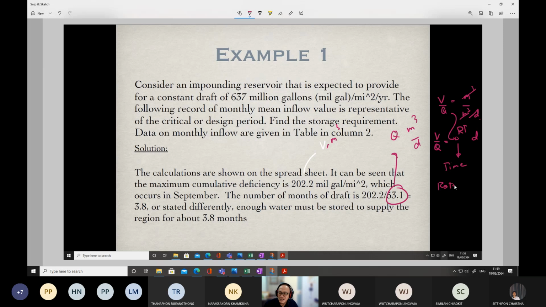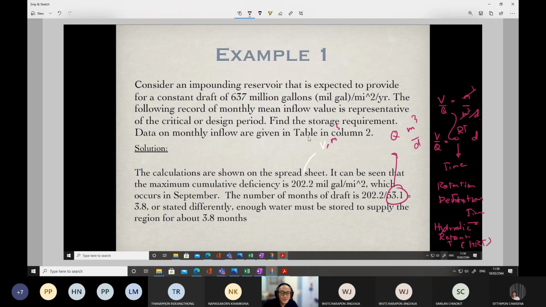Sometimes we call it retention time. Sometimes we call it detention time. Sometimes we call it hydraulic retention time, or in short, HRT.